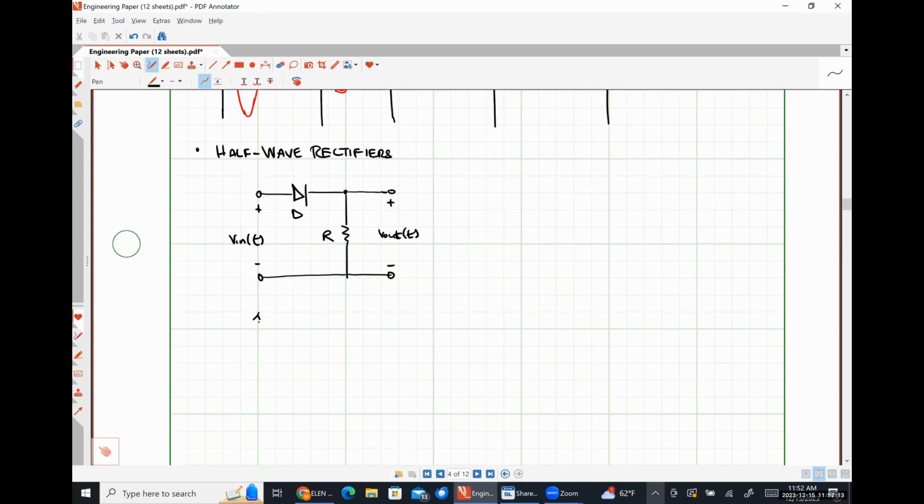So we look at this as a function of time. I'm going to do my input signal in blue.